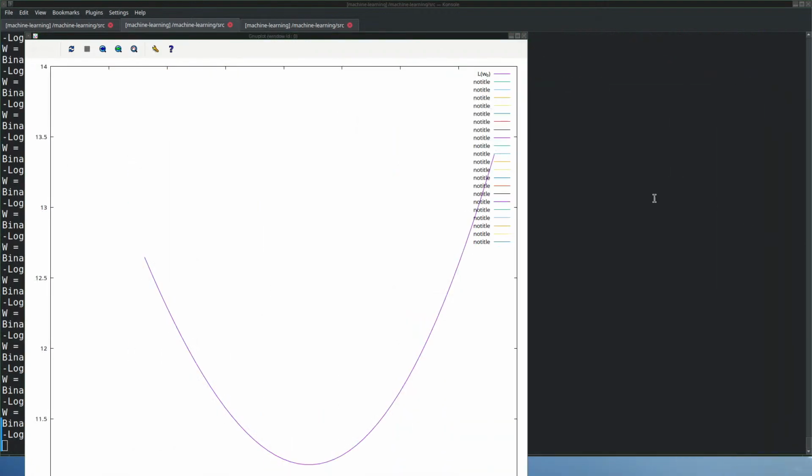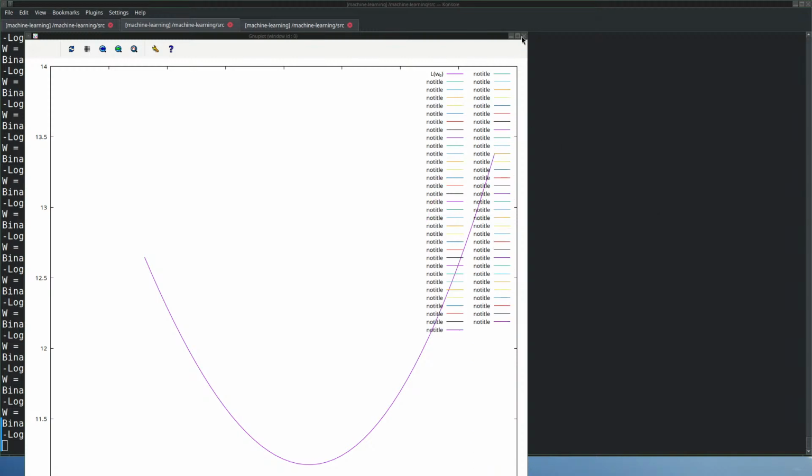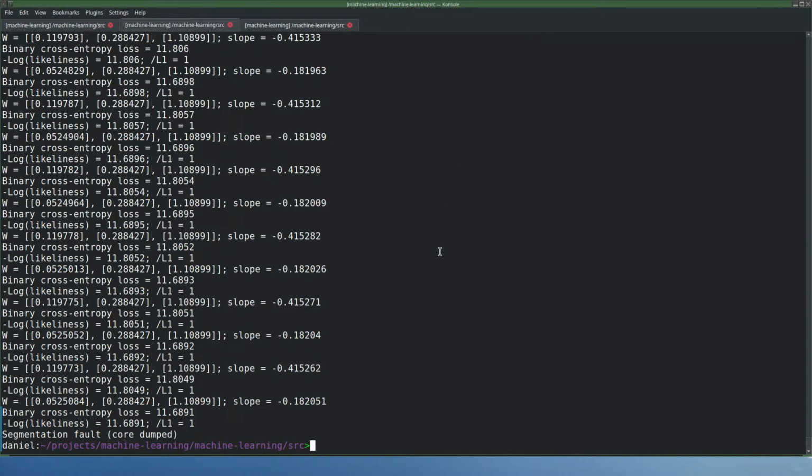Oh, and that also doesn't work. Why are we not seeing anything? What am I trying to draw anyway?